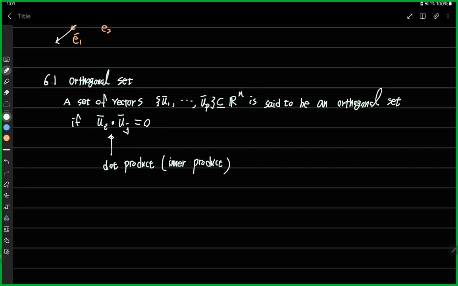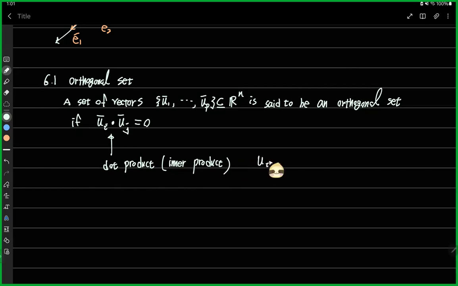This is a kind of multiplication operator between vectors. The definition of the dot product or inner product is simple.